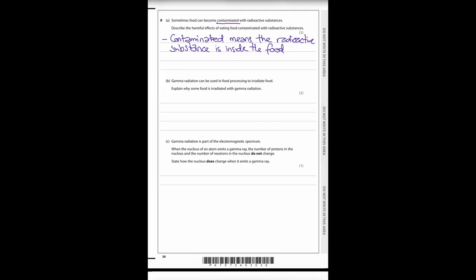And now I've just got to link this to the question. So why does this matter? Well, what are the other things that I know from this topic about radioactivity? What's a keyword I can use? It's going to cause ionization. So if it gets inside your body, it can cause ionization of the cells inside your body, or damage the cells inside your body.